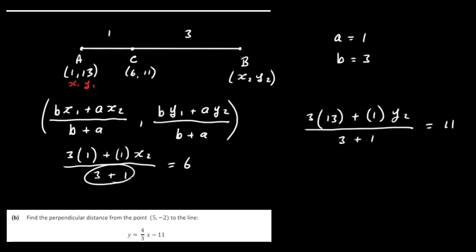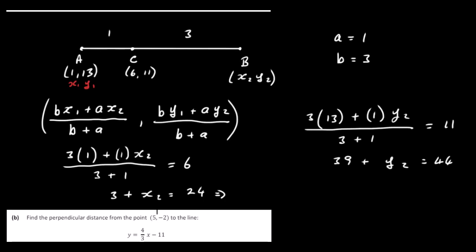So let's see, this is 3 plus 1, which is 4. 4 times 6, 24, and then on the left hand side we've got 3 ones, 3 plus x2. Well, I'll actually just do this one first. 3 and 1, 4, 4 11s, 44, 3 13s, 39 plus y2.